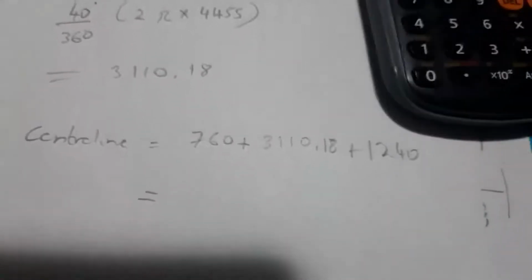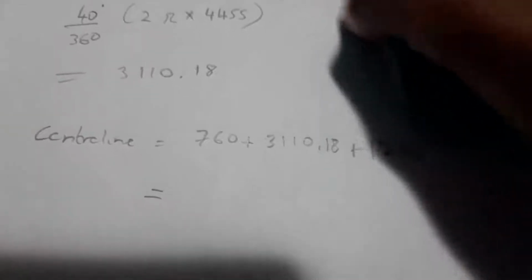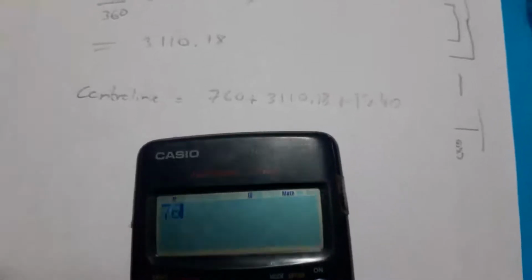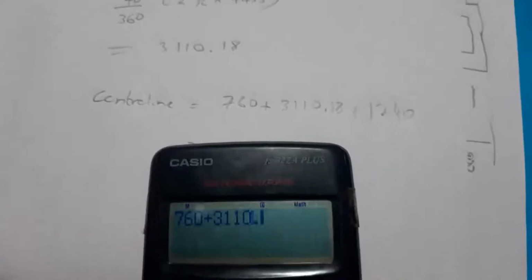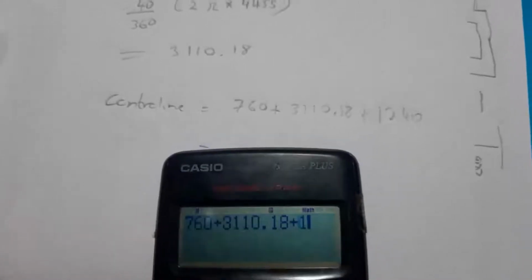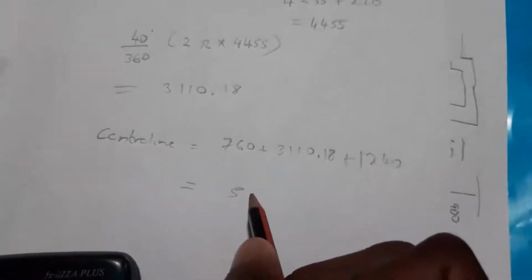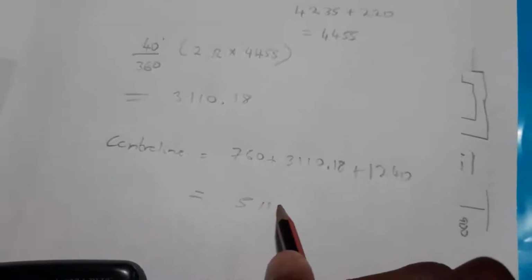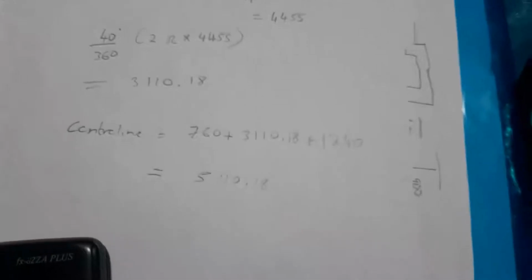So if you add those three lengths, they will give you the center line. So 760 plus 3,110.18 plus 1,240 will give you 5,110.18. So 5,110.18 is your center line.